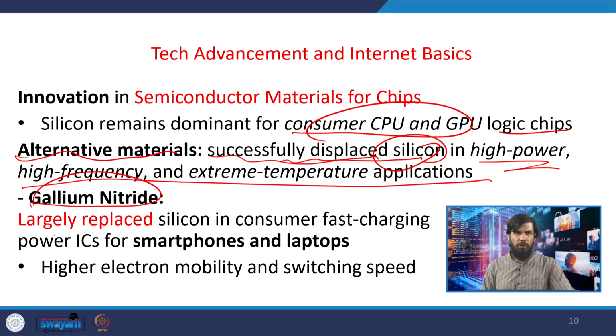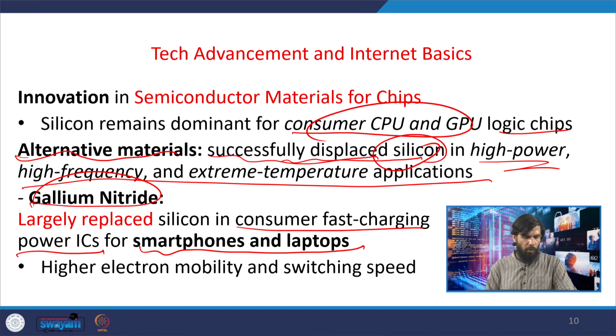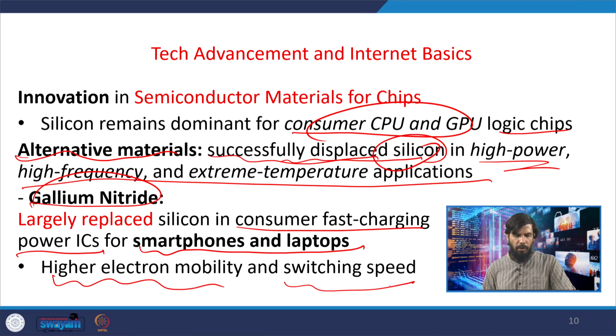It has largely replaced, not fully, but largely replaced silicon in consumer fast charging power ICs, which are used for smartphones and laptops. This material provides higher electron mobility and switching speed in comparison to silicon, and because of that the benefit is there.